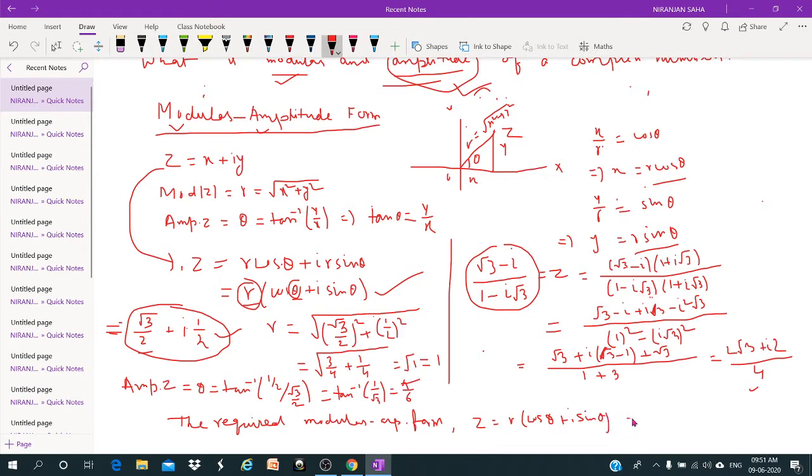If we put in these values, we have found r equal to 1 and θ equal to π/6, so this is 1 times (cos π/6 + i sin π/6). We keep it in this form. This is the modulus-amplitude form, our required form.